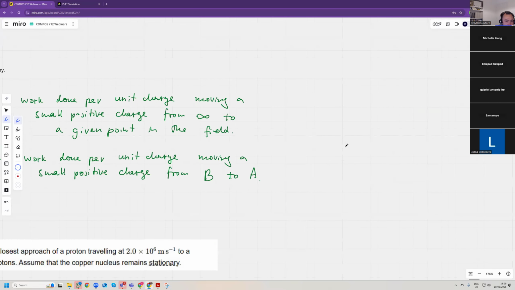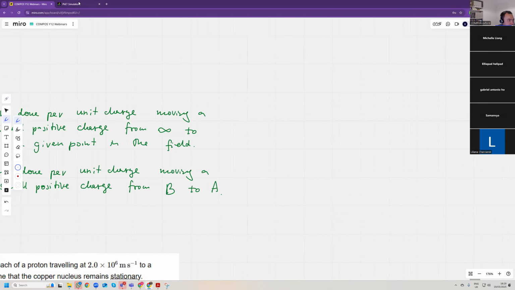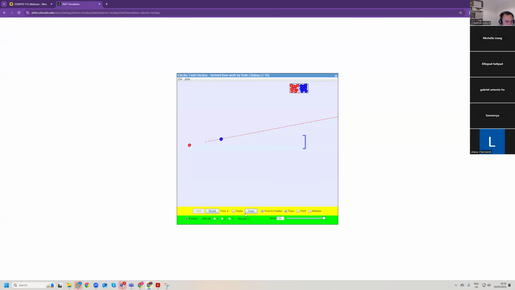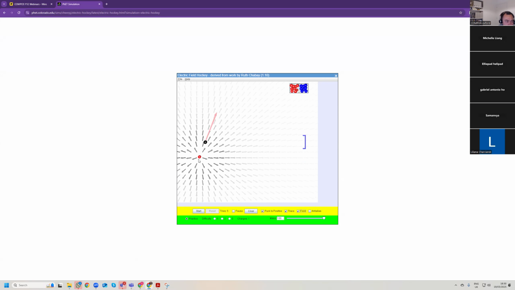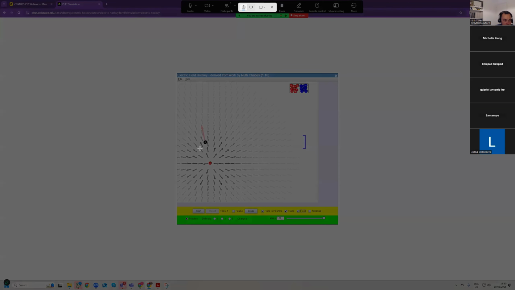So I'll try to make it as simple a demonstration as possible. This is a charge. This is a positive charge.